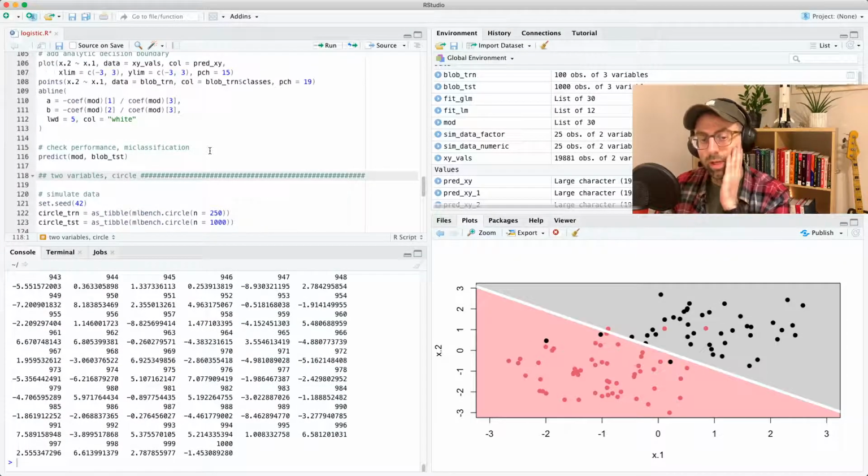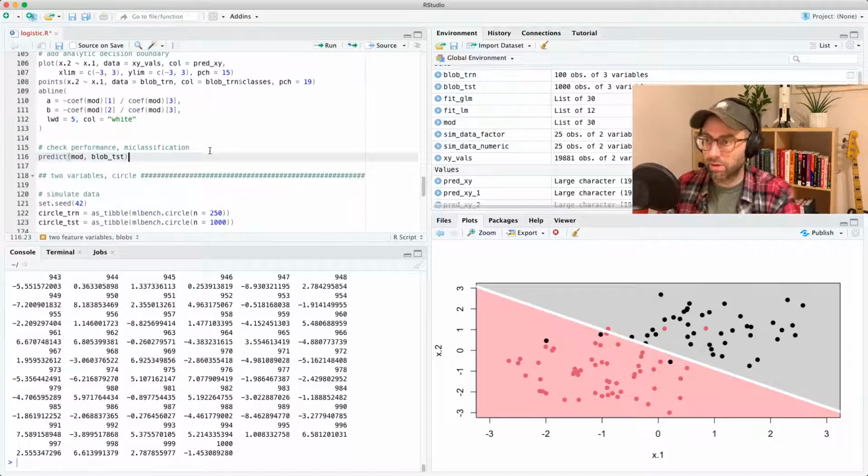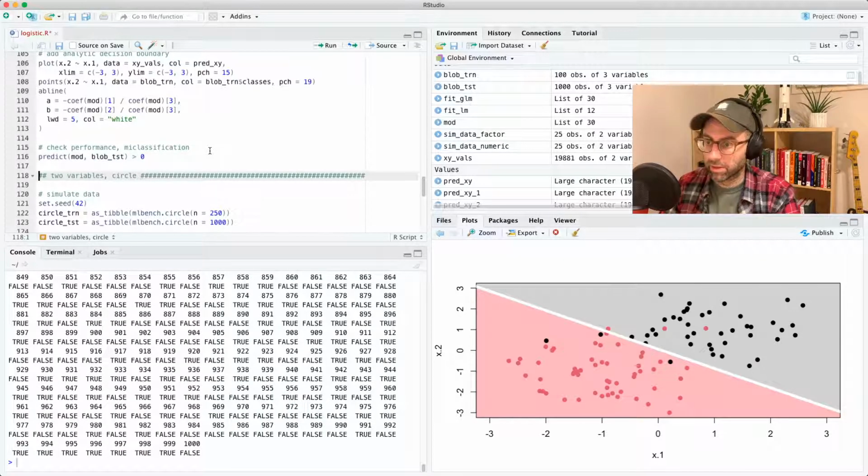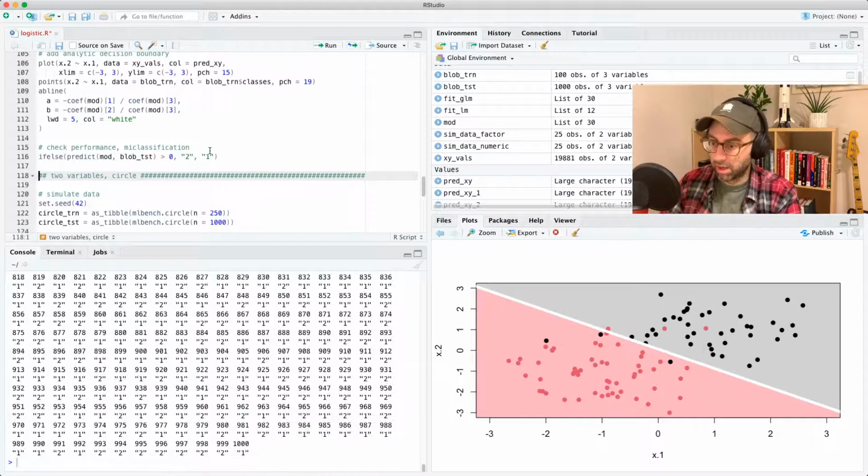Okay, and remember these are the estimated linear combination there. So let's look at when these are bigger than 0. When that's the case, we should return 2. So we'll do an if else: if that condition is true, return 2; if not, return 1. That looks pretty good, except I should make it a factor.